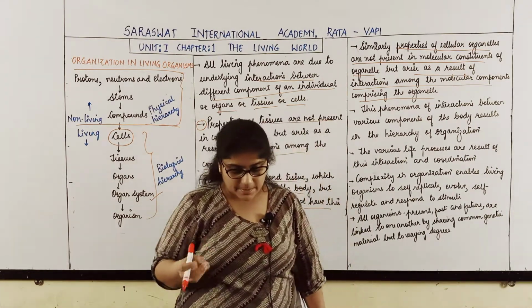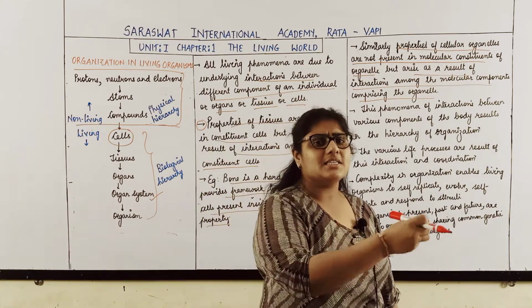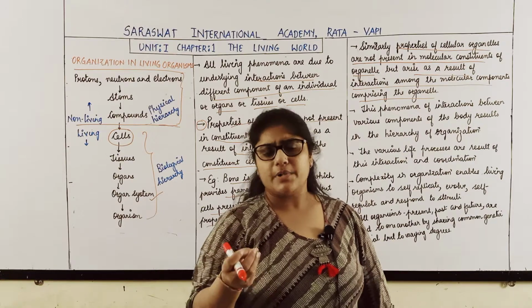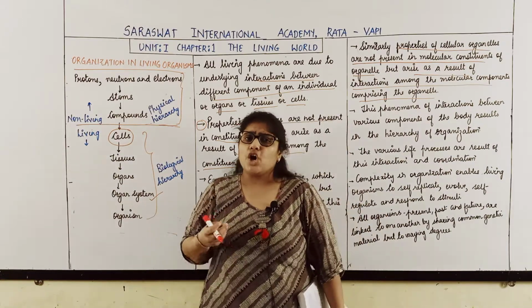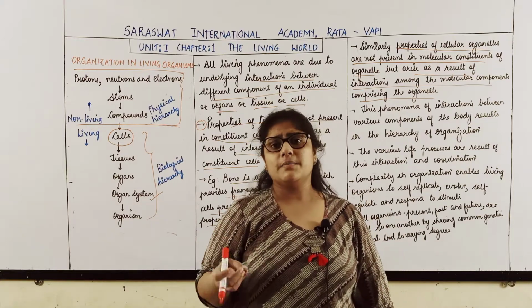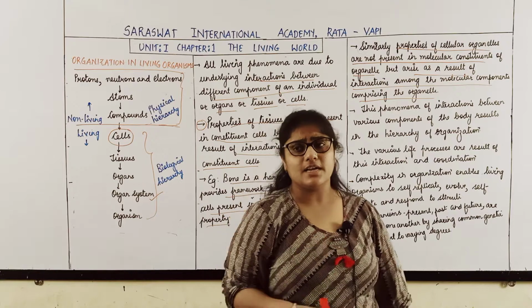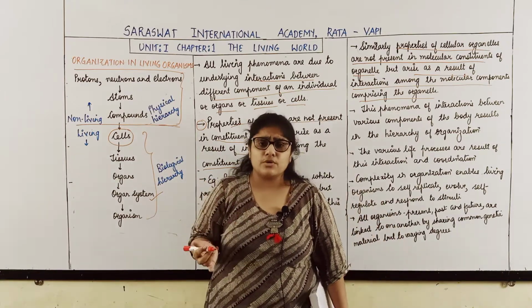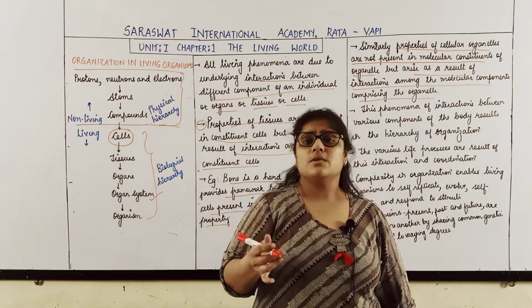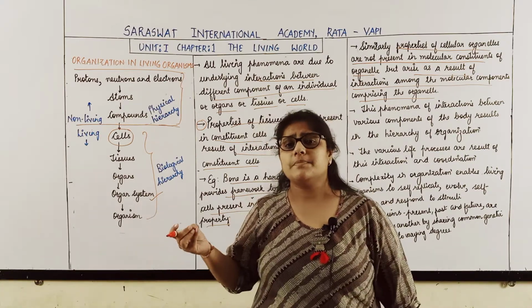Organelles are the parts of the cells, right? Say for example, I consider mitochondria as a particular organelle. We all know that mitochondria is called the powerhouse of the cell. That is, it has the ability to release energy. Its function basically is to provide the energy.